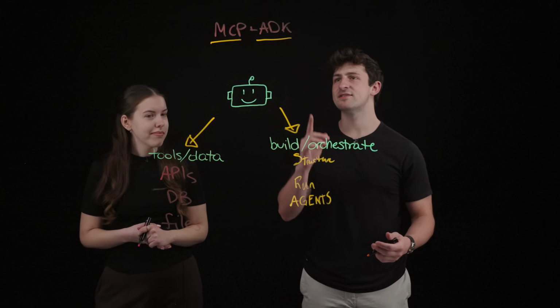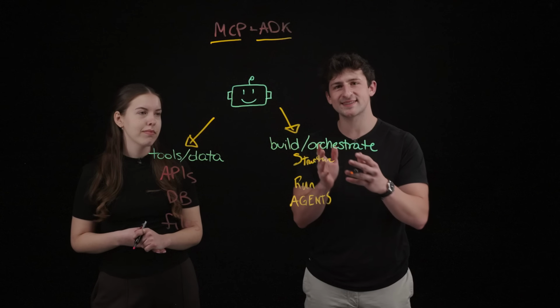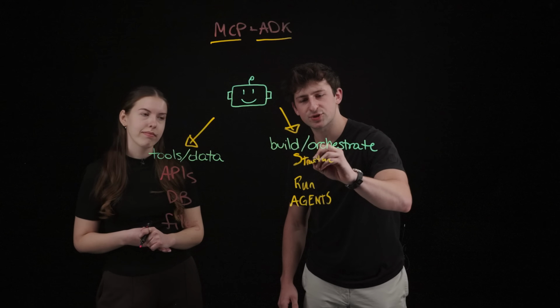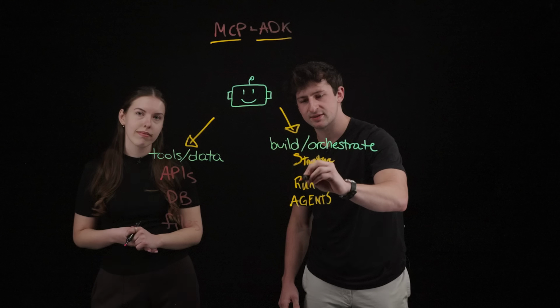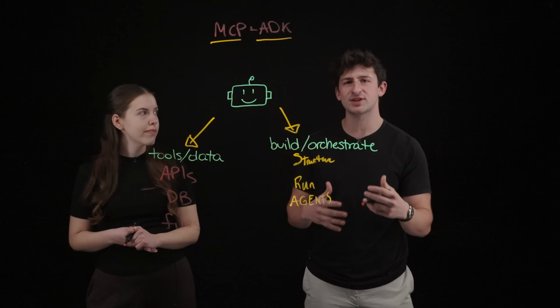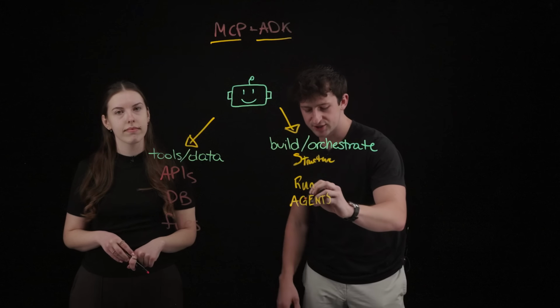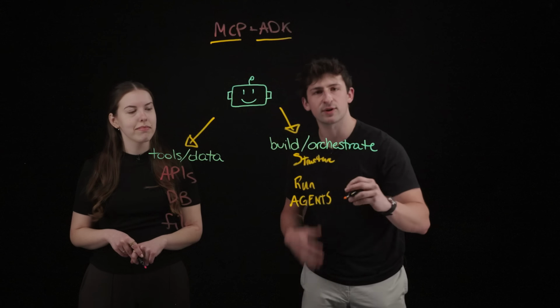And the Agent Development Kit, or the ADK, which comes from Google, is all about that second question. How do you actually build? How do you structure to also run an agent? But let's say that you have multiple agents that you want to run, like a team of engineers or developers. Well, how do you structure all of these agents together to be orchestrated?